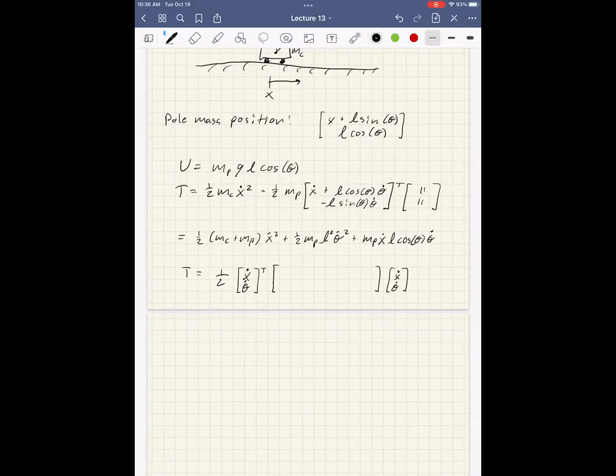So I just take the coefficients off all those. The x dot squared term is up here. Then we've got the theta dot squared term in the bottom right, so that's m_p L squared. And then this is the cross term, which has an x dot theta dot in it, so that's m_p L cos theta up here. All right, so basically that's the mass matrix now.